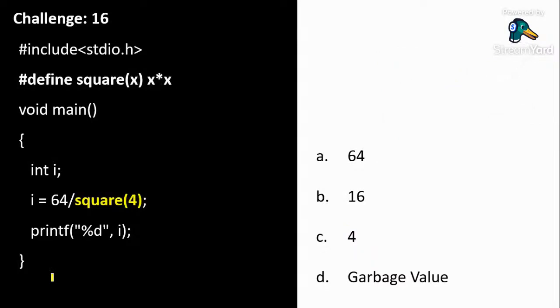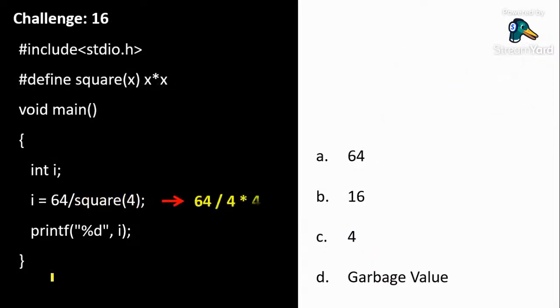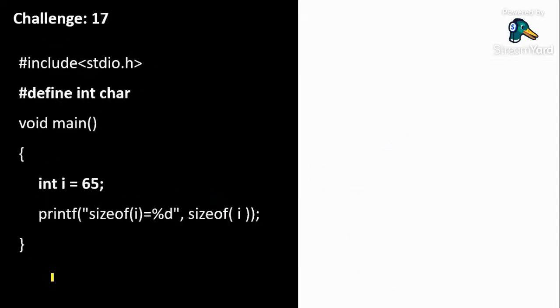So again, square of 4. So square of 4 is nothing but square 64 divided by 4 into 4. So division comes before multiplication. So 64 divided by 4 is 16. 16 into 4 is again 64. So the answer is option A, 64. We move on to the next one.